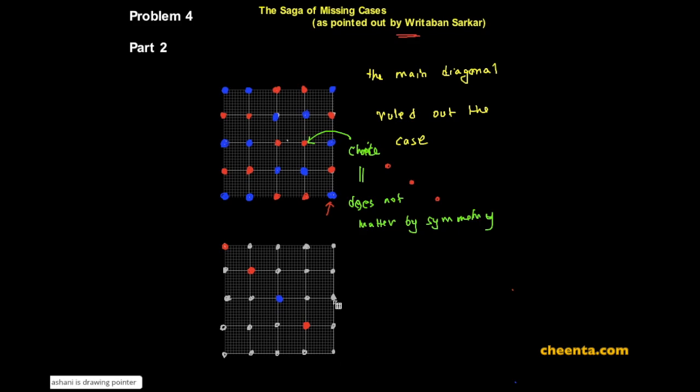Let's see. If these two are red, then this one is blue, this one is blue. Now, since this one is red and this one is red, in this big box we have this one as blue, this one as blue.